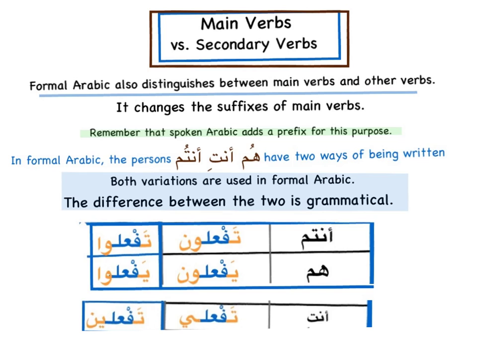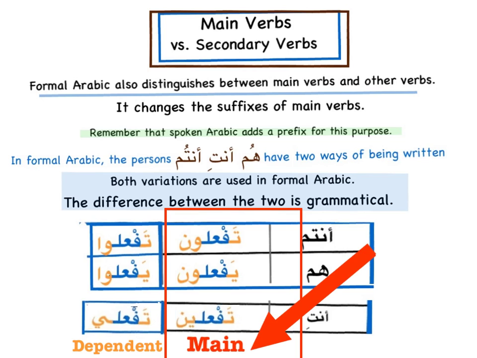أنتِ, feminine you, تفعلي, تفعلين. Okay, now if you take a look at أنتم تفعلون, هم يفعلون, أنتِ تفعلين, you'll notice that they're all main verbs with noon at the end.